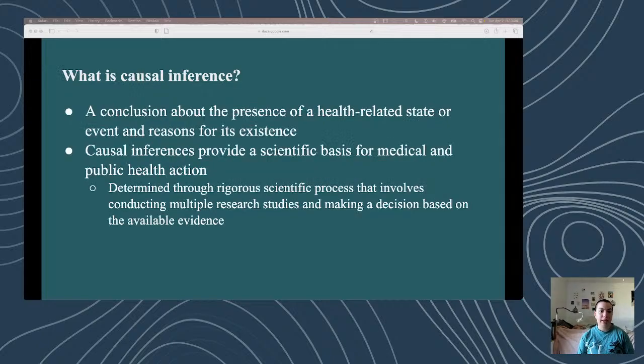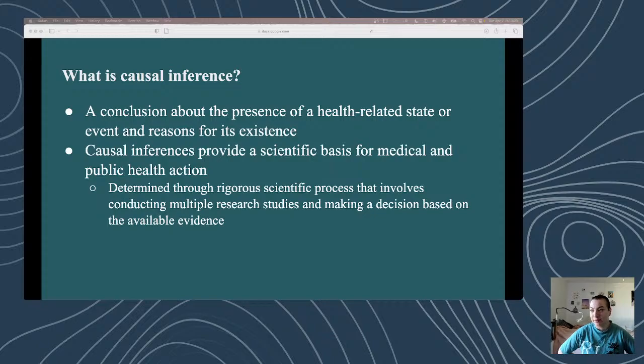Okay, so this lecture is entitled Causal Inference, but you might not know what that is. You probably know what a cause is, but probably not a lot about causal inference. It's a conclusion about the presence of a health-related state or events and reasons for its existence. And causal inferences provide a scientific basis for medical and public health action. Your book chapter on this doesn't cover everything I'm going to go over in lecture, but I actually do really like it. And they say that doctoral students will take advanced classes in causal inference, which in fact I do.